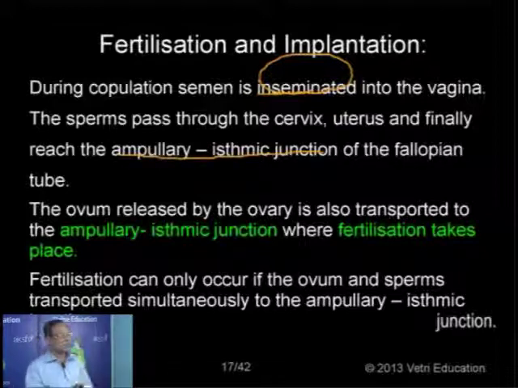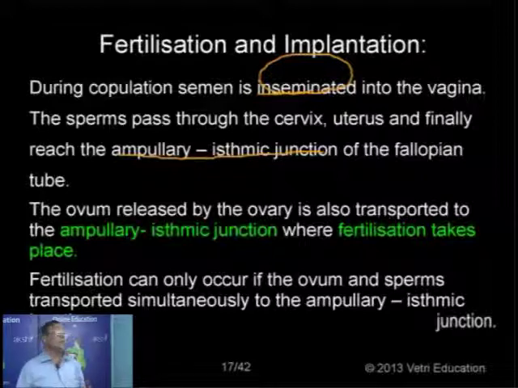This is a junction found in the fallopian tube between the ampulla and the isthmus. For effective fertilization, we need both partners, the male and female gametes. Both have to be transported towards the ampullary isthmic junction.